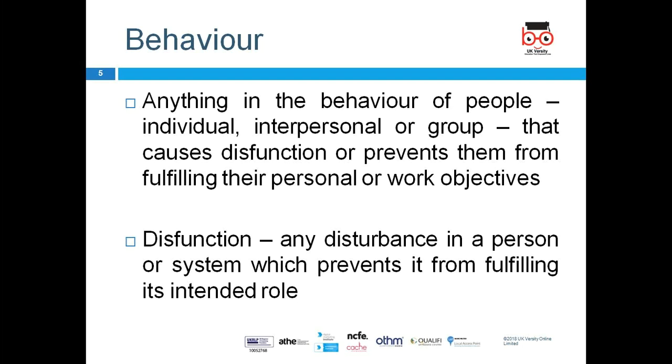Dysfunction is any disturbance in a person or system. So as an organization, we need to develop a structure or system that avoids disturbance to a person or the system, like the IT system and various other systems, which can create a problem for our organization and prevent it from fulfilling its intended role. Does it make sense? Any question here? No.